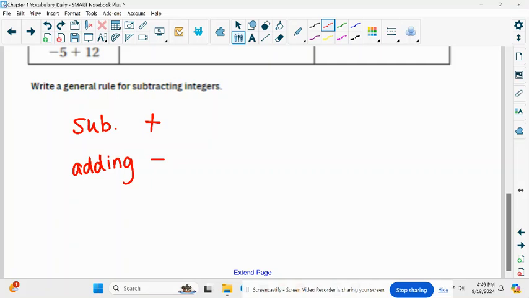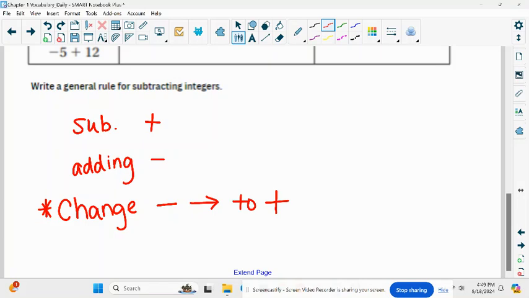So when we go to subtract integers, what we're going to do is change subtraction to adding, okay?